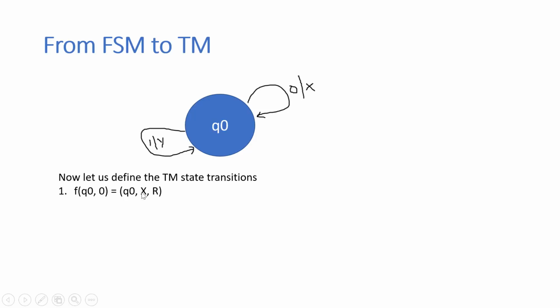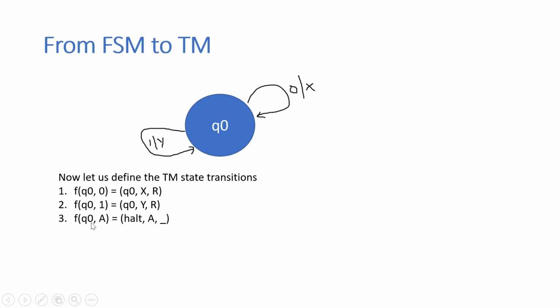So in Turing machines, you always have to move to the right or to the left unless you're in a halting state. And the next instruction says that if you're in Q naught and if you see a 1, you stay in Q naught, but you write a y on the tape and move to the right. So in all these cases, we are moving to the right.